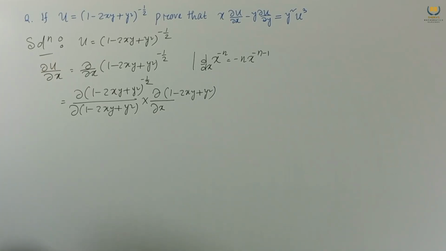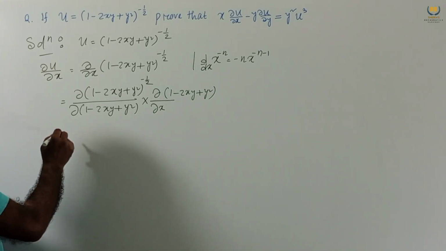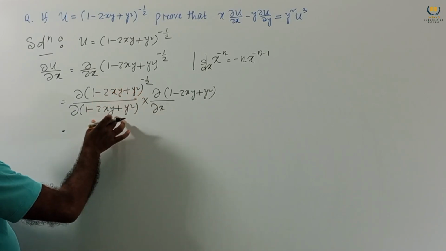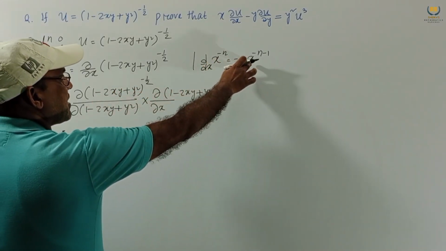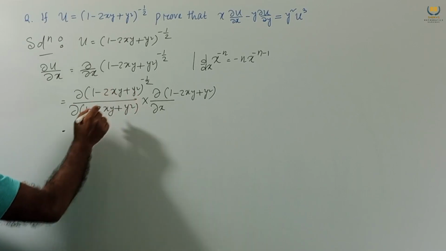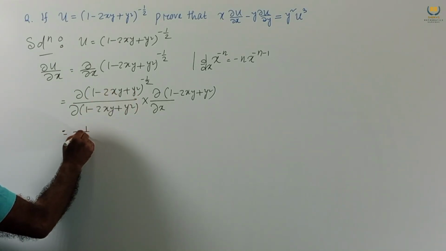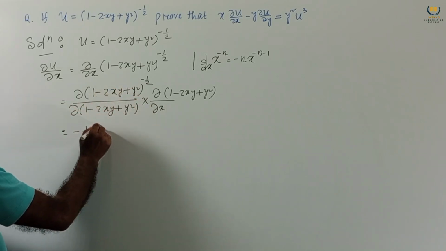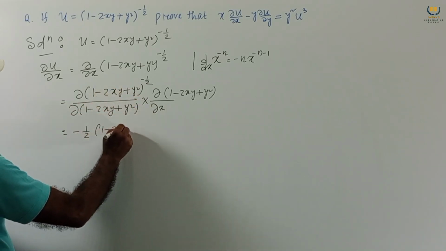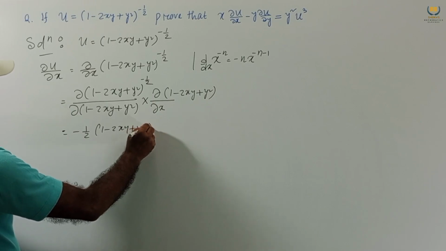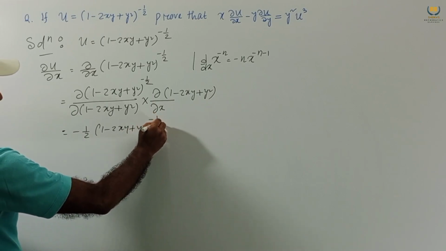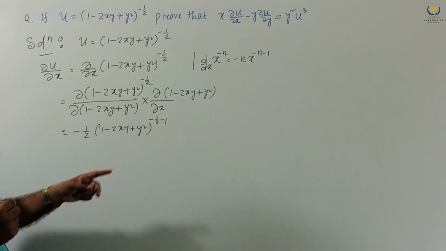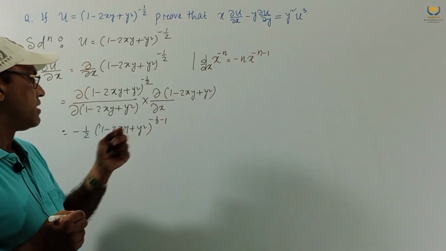So this will be the same as minus n x to the power minus n minus 1. Here n means minus half, and we get (1 minus 2xy plus y square) whole to the power minus half minus 1.